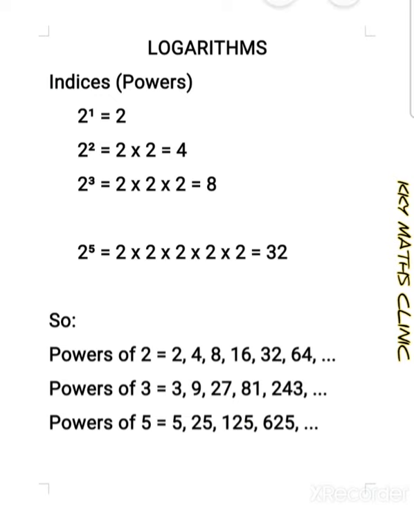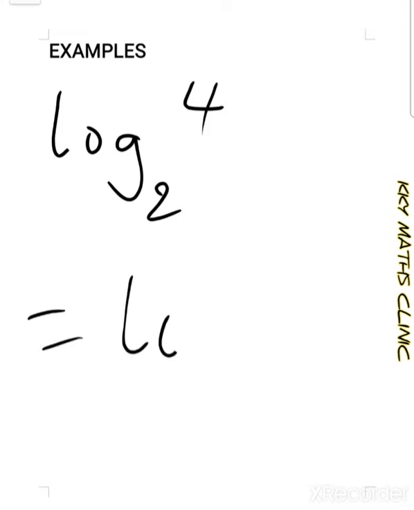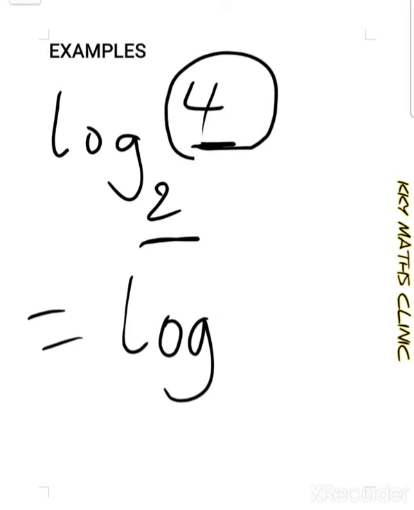Let's go together. My first example, say I have log 4 base 2. This is how it is read: log 4 base 2. 2 is the base, 4 is the argument. I can express my argument 4 as a power of my base. 4 is the same thing as 2 raised to the power of 2.